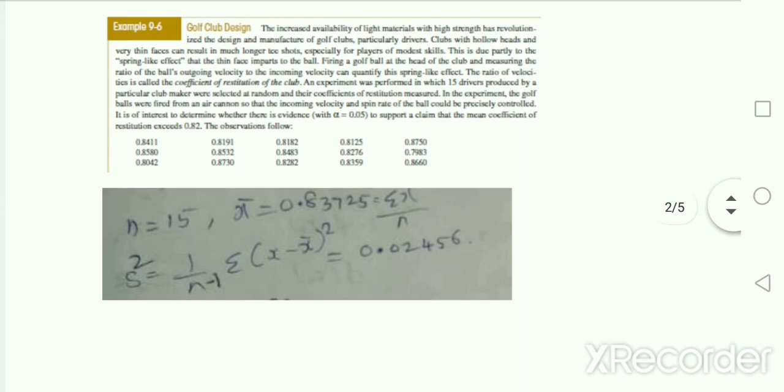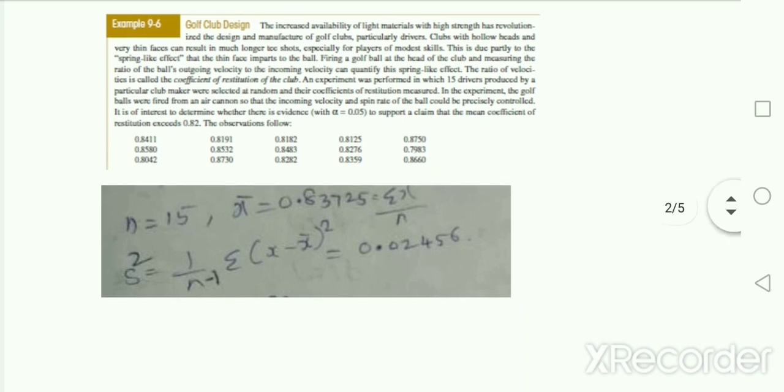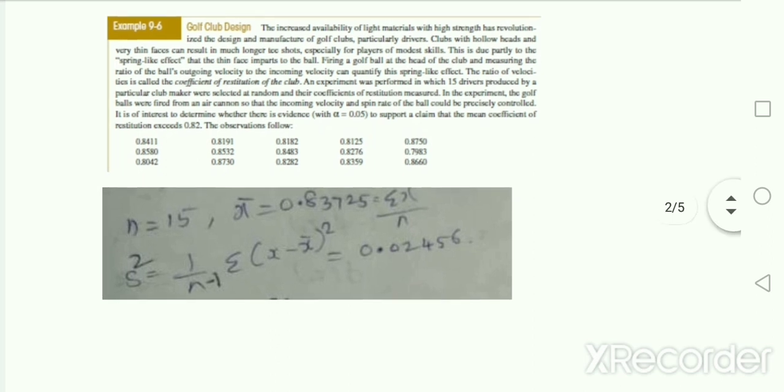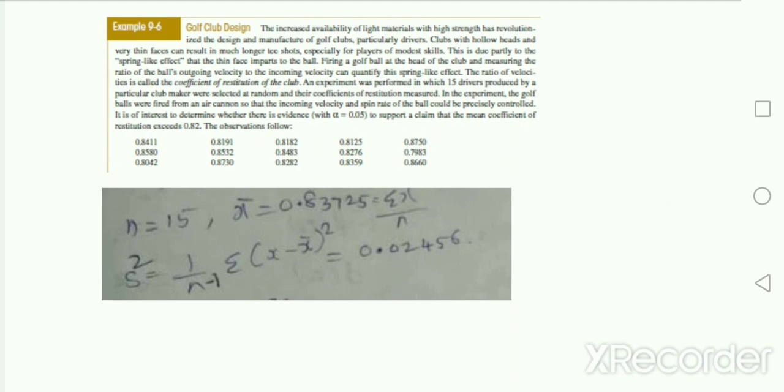For that we have to check the statement, whether the mean coefficient of restitution exceeds 0.82 or not. So in this golf club design problem they give only 15 sample observations, and we need to check for alpha 0.05 the claim that the mean coefficient of restitution exceeds 0.82 or not.